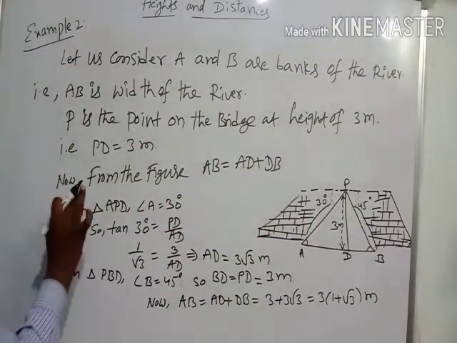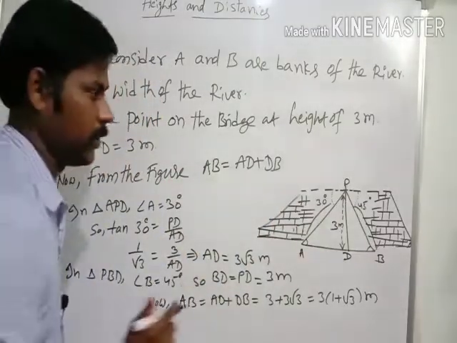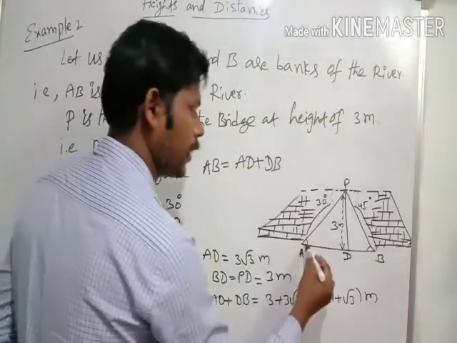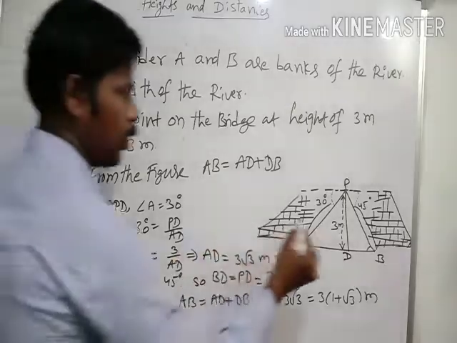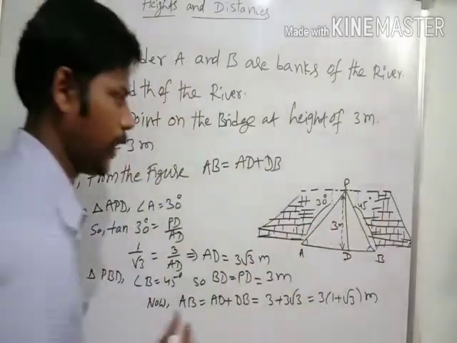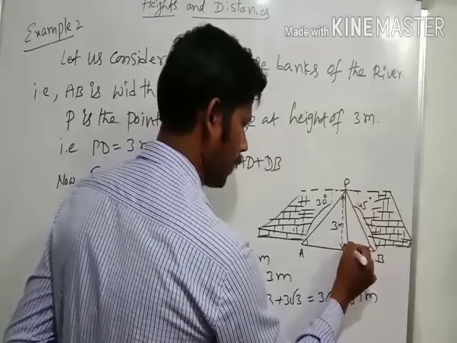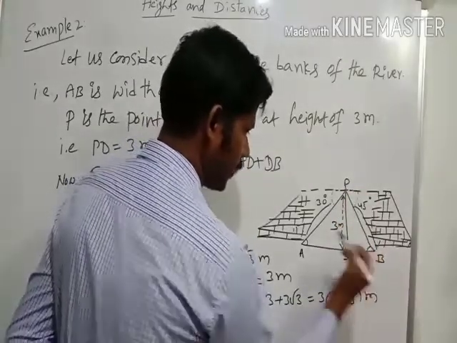Now from the figure, observe the picture. If you want the length AB, it is AD plus DB. Now how many triangles are formed? Two triangles. APD is one right angle triangle, and PDB is another right angle triangle.